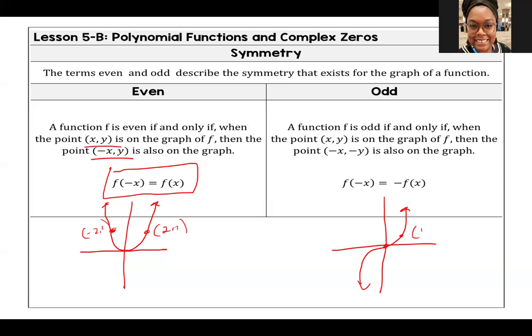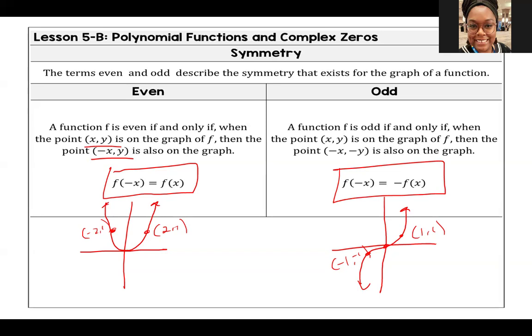And notice here, I have (1, 1), and I also have (-1, -1). I have both parts at every point. Okay. So algebraically, we would prove that if I substitute a negative x and I distribute a negative across the function, they are algebraically equal. Okay.